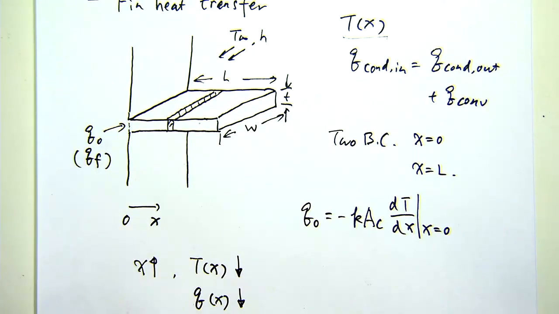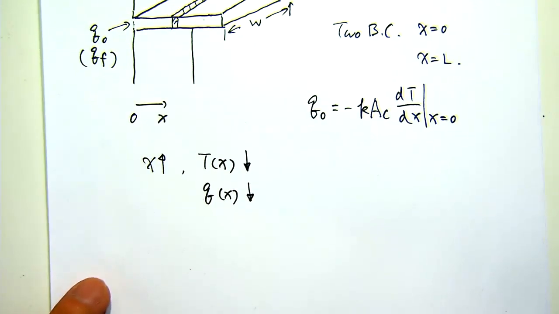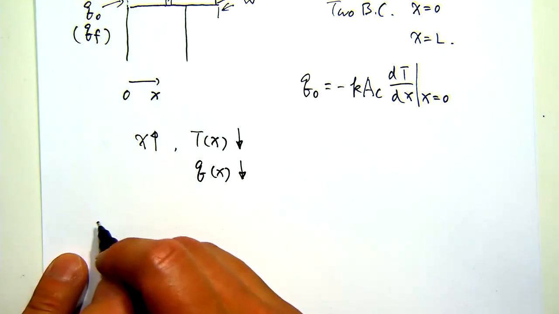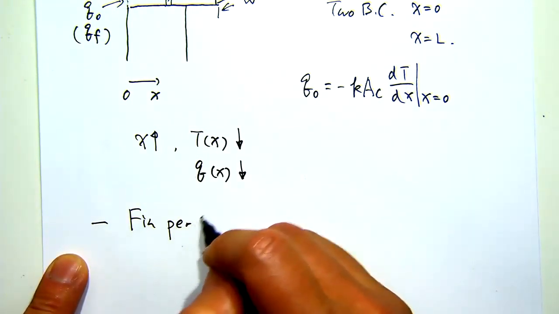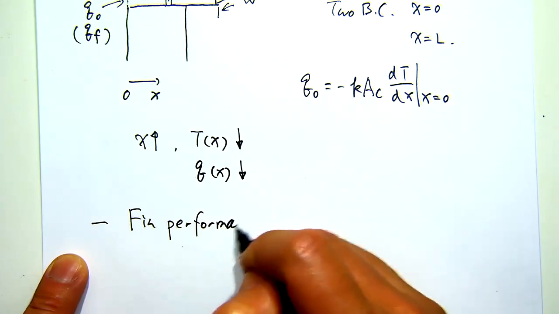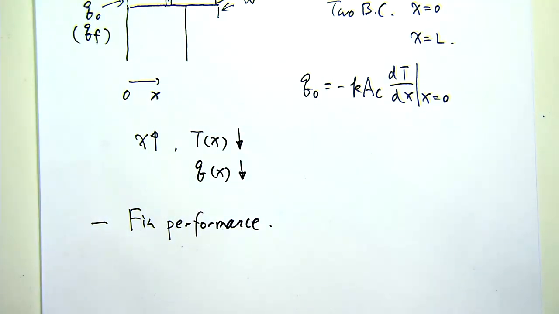So that's the physical understanding that we want to have. The other important thing that we want to discuss next is called the fin performance. As I said, the fin is almost always an additional or artificial structure you add in order to enhance heat transfer.